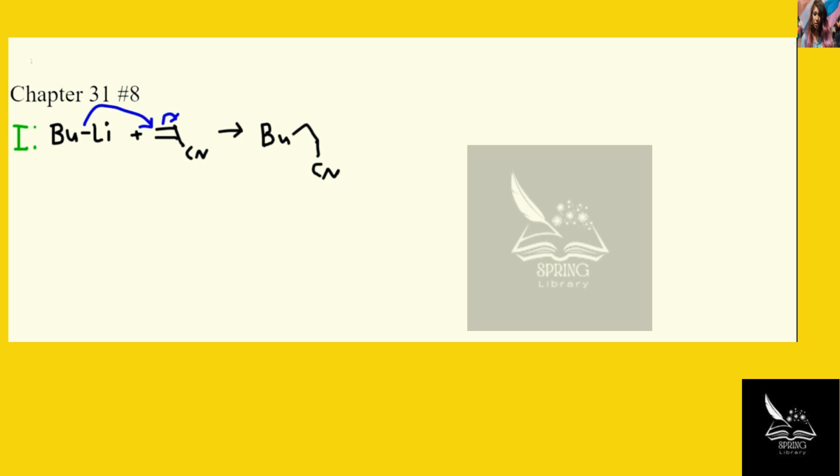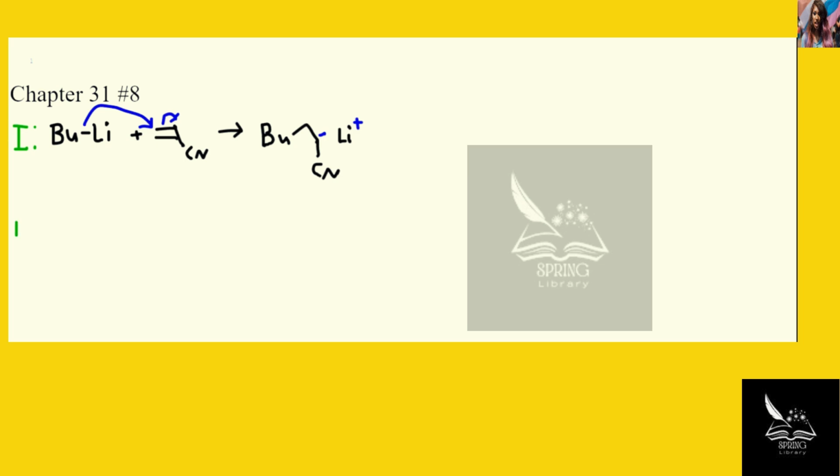And we have our lithium cation. We now have an anion, a negative charge on that carbon, and as I said, the lithium cation. And so we've made our activated species here, our initiated species. So that's the entire initiation step.